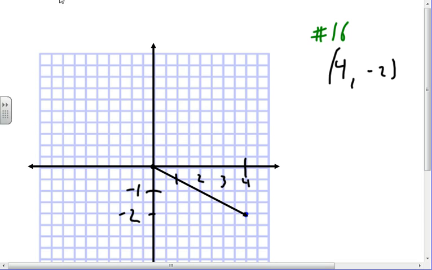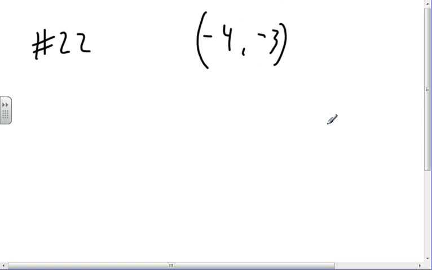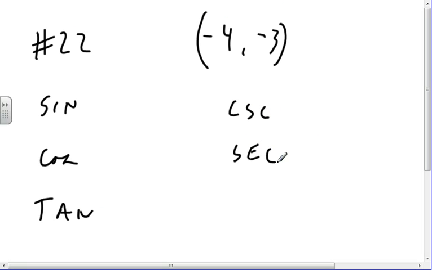22. Finally, we get to something worthy of the class, number 22. All right, so I'm at minus 4, minus 3. And I want to know the sine, the cosine, the tangent, the cosecant, the secant, and the cotangent of that angle.